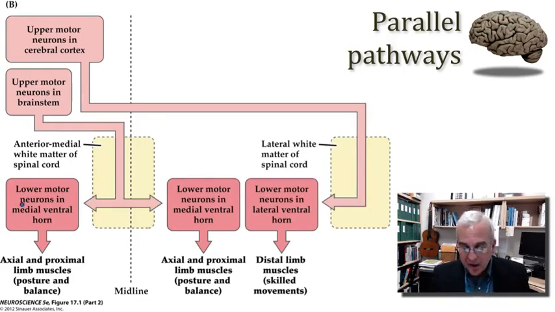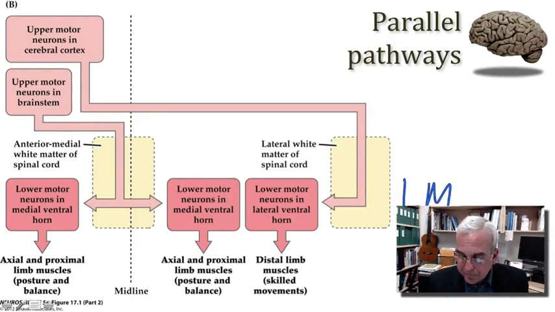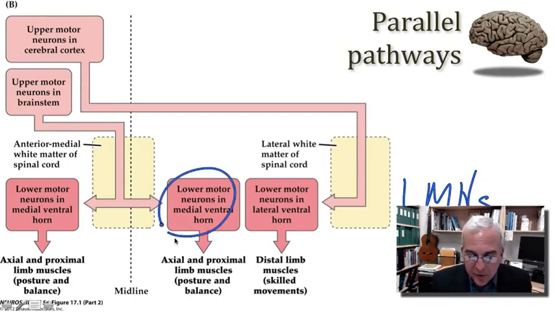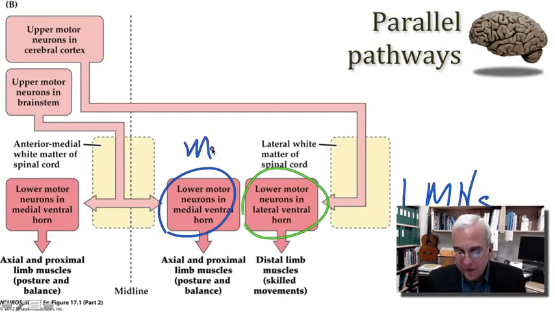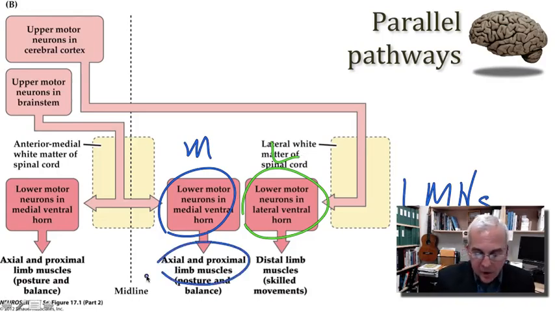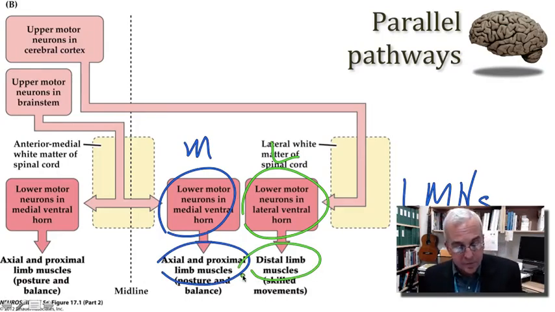Notice that the lower motor neurons, which are at this level, we've now schematically organized into medial and lateral components. Okay, so we have the medial cell columns that are found in the medial part of the ventral horn, and then the more lateral cell columns that are found further out lateral. And so that should remind you that the medial columns are concerned mainly with axial and proximal limb muscles, while the lateral columns are mainly concerned with the distal limb muscles through which we express skilled movement.